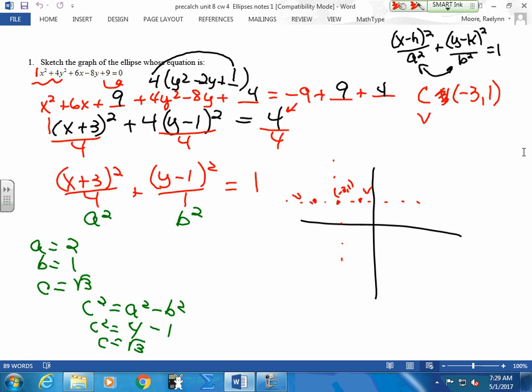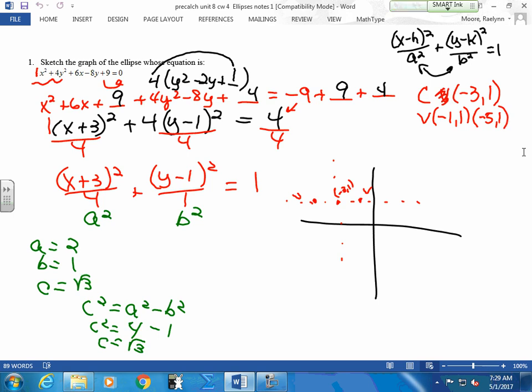So all you got to do, instead of worrying about the formula, is the same thing we did with the parabola. Slide it over. So if I take 2 away from here, what's that point? If I move this 2 to the right, okay? If I move this 2 to the left, negative 5, 1. So I've got my vertices.